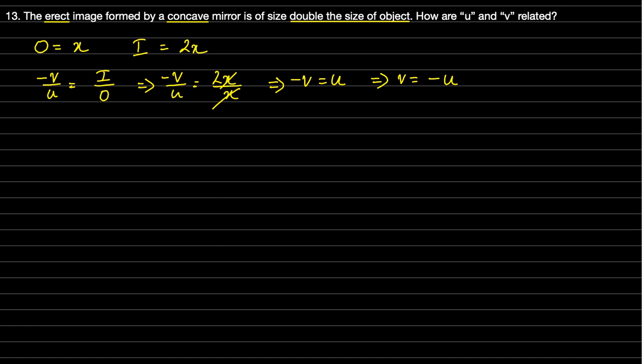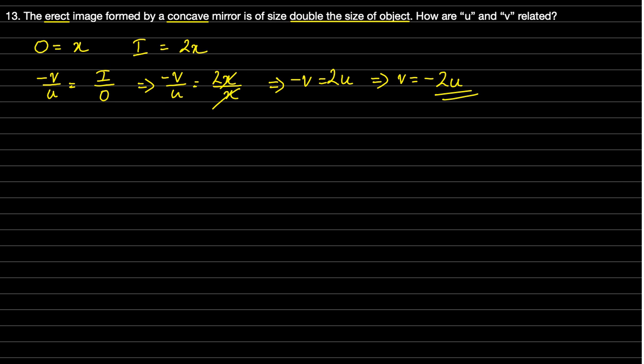I forgot to write this 2. So what would happen here is 2 into u would give me 2u, and v will be equal to minus 2u. So this is how v and u are related.